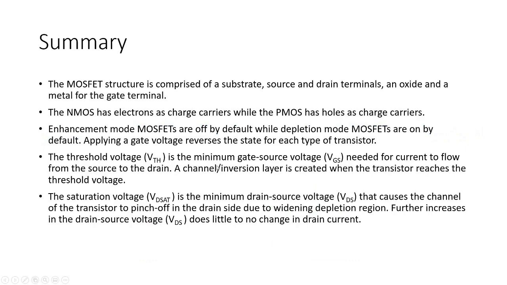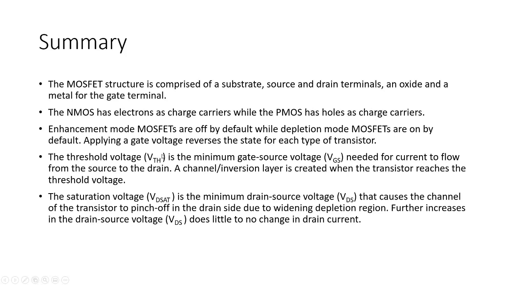So that's it for this module. In summary, I hope that you have learned that first off, the MOSFET structure is comprised of a substrate, source and drain terminals, an oxide, and metal for the gate terminal. The NMOS has electrons as charge carriers, while PMOS has holes as charge carriers. There are two types of MOSFETs, the enhancement mode and the depletion mode.